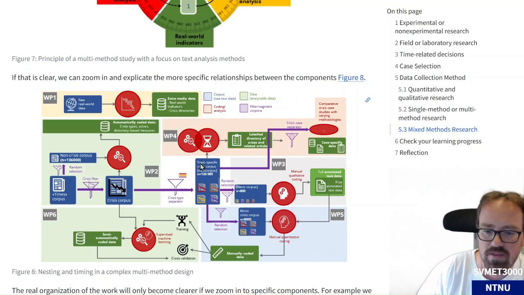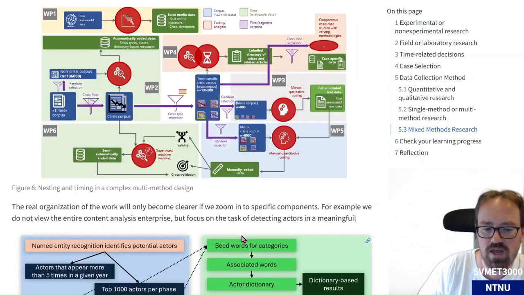And so that's how the different components work together. And here's the qualitative component that is again used to do the manual quantitative coding, which in turn is necessary for the machine learning approach. Okay?